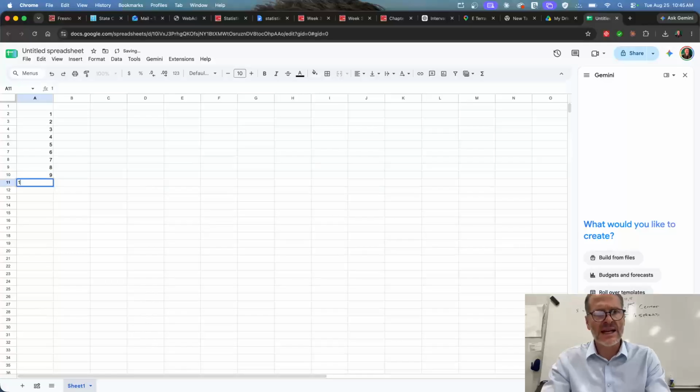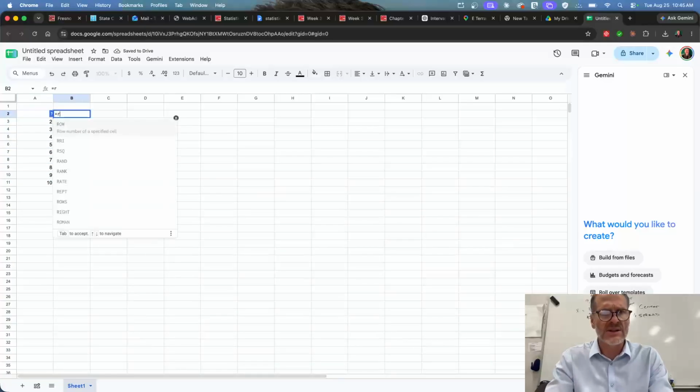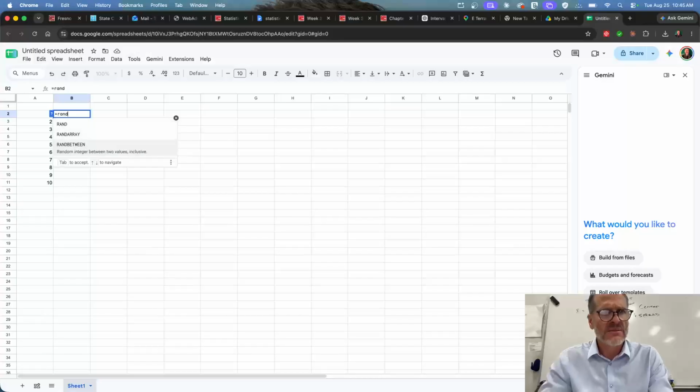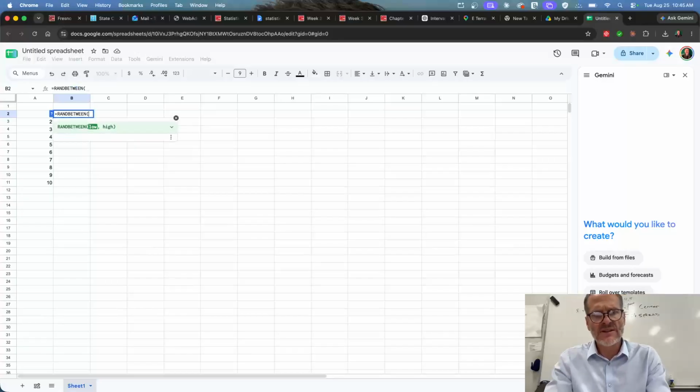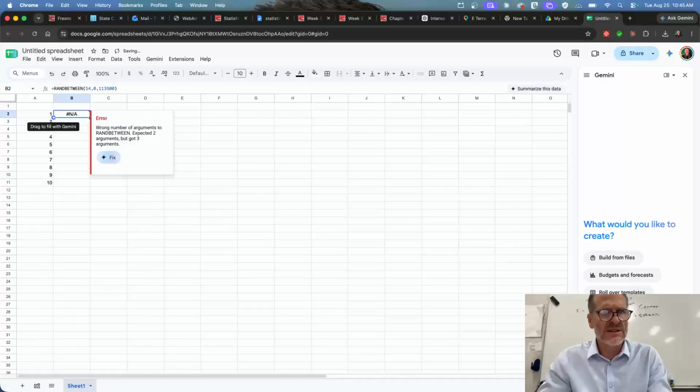Actually, there's 9, and then a 10th person comes in. And here are their average salaries. Equals RANDBETWEEN, their salaries are between $54,000 a year and $113,500. Okay, those are their average salaries.